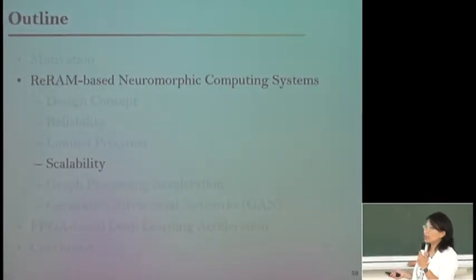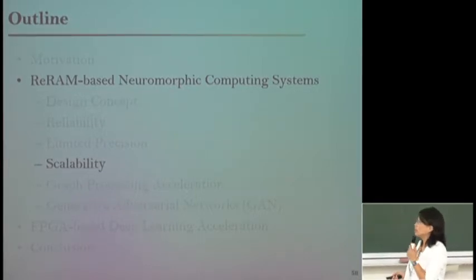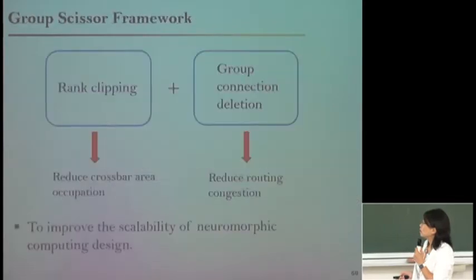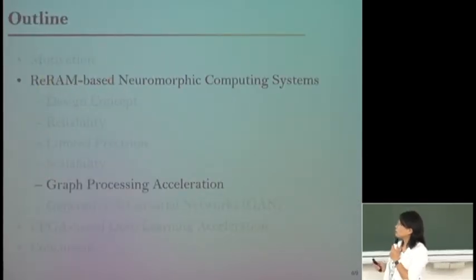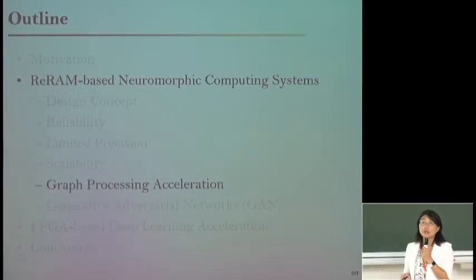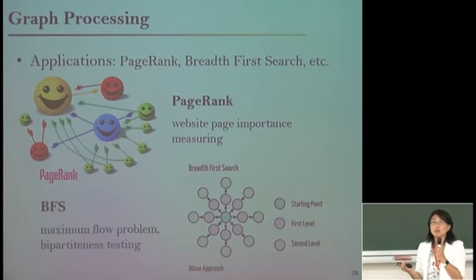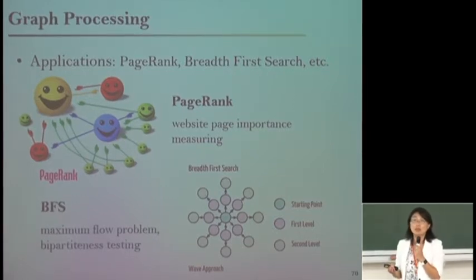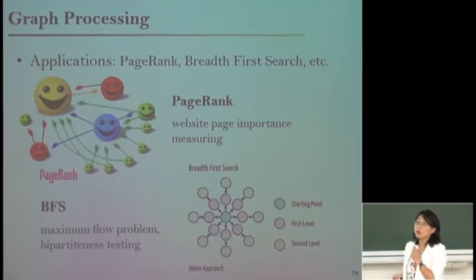So next, I'm going to talk about our latest work on applications. First is graph processing acceleration. I guess we all know that graph processing becomes very, very important nowadays. It has a lot of applications.